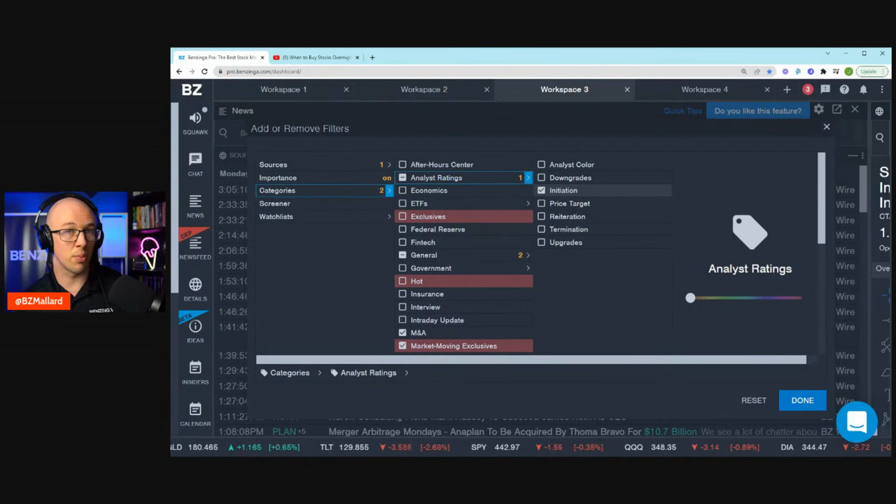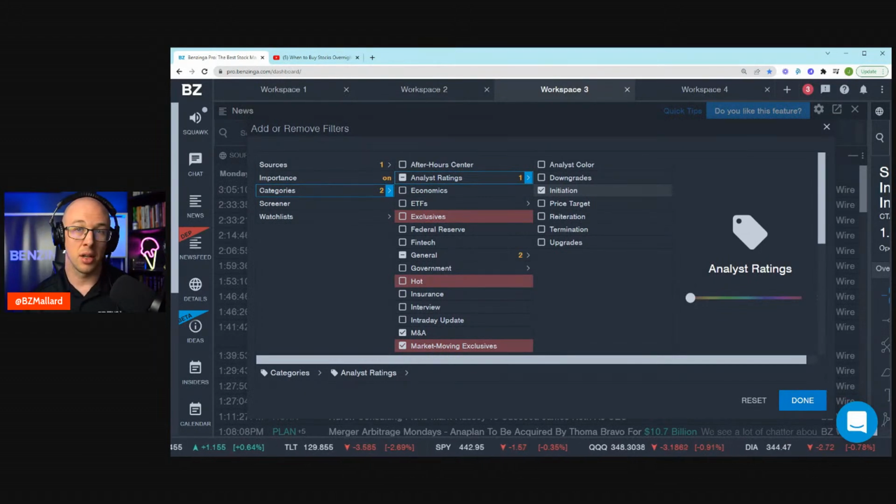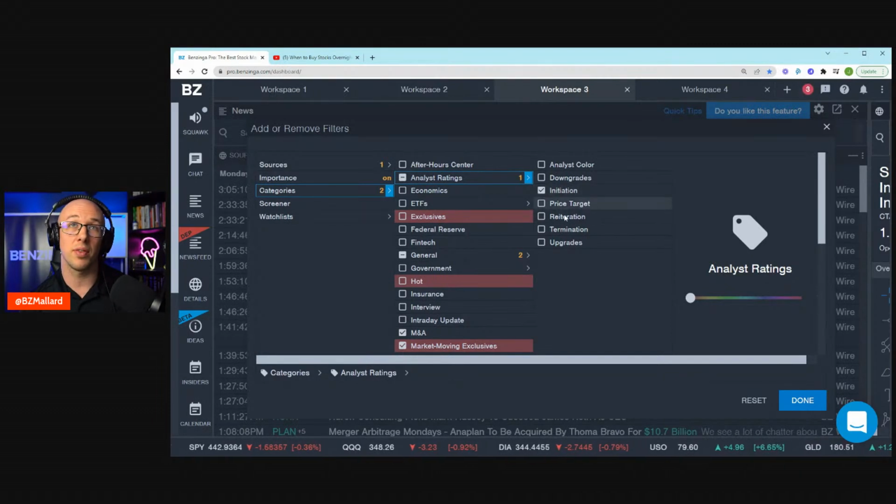Many times, if it's a smaller price per share stock and it's the first time that they've received a rating from an analyst firm, it can have a very significant impact. If it's a strong rating, strong price target, it can make a big impact. So I like to include those. And if you want to, you could also include upgrades or price target.